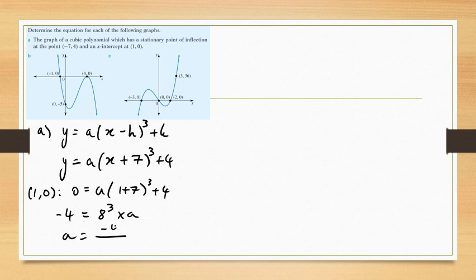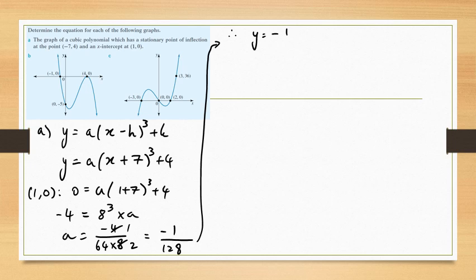A is then -4 over 64 times 8, but 4 and 8 cancel, so we have 1 and 2. So that's 128. Then simply write out your equation. y is equal to -1 over 128 (x + 7) cubed + 4.